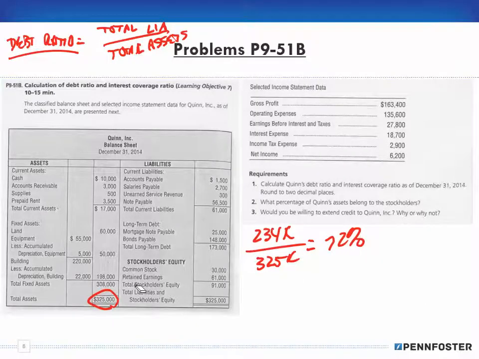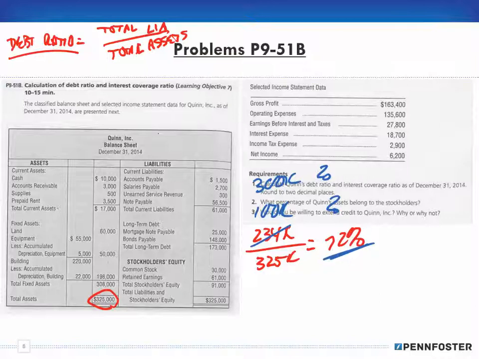Just as an exercise on your own, play with these numbers in order to get a feel and an understanding of why you're doing the debt ratio. Instead of 234,000, plug in 100,000 and see what that percentage is. Plug in 300,000 and see what that percentage is, to see what happens when your liabilities increase or decrease and the effect on the ratio.